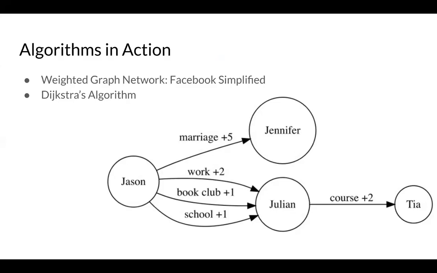Then I have my wife is connected to me in one primary way, but that circle becomes stronger based on the number of weights in the relationship of the graph. And you can see, like, secondarily removed, Tia was a student of ours that worked with us, but more related through Julian to me. Right?